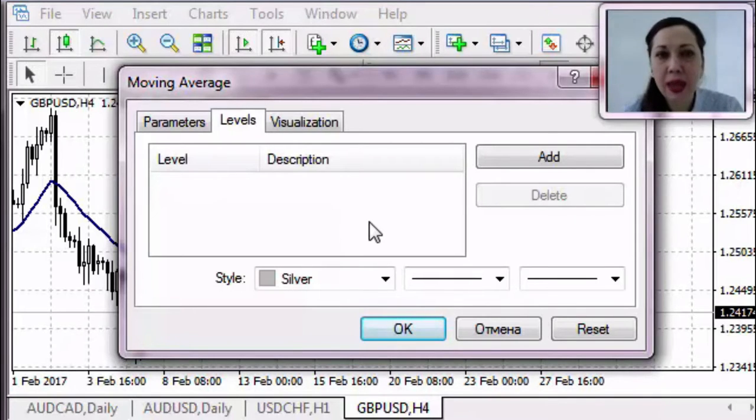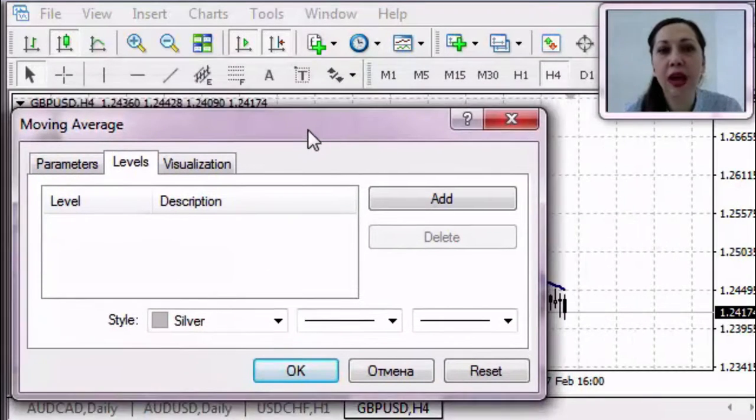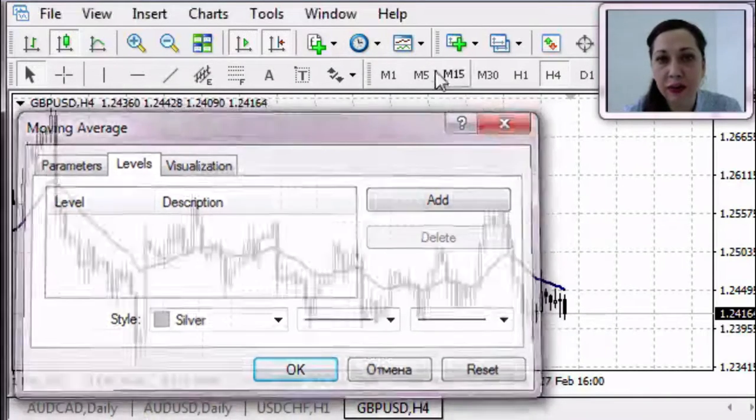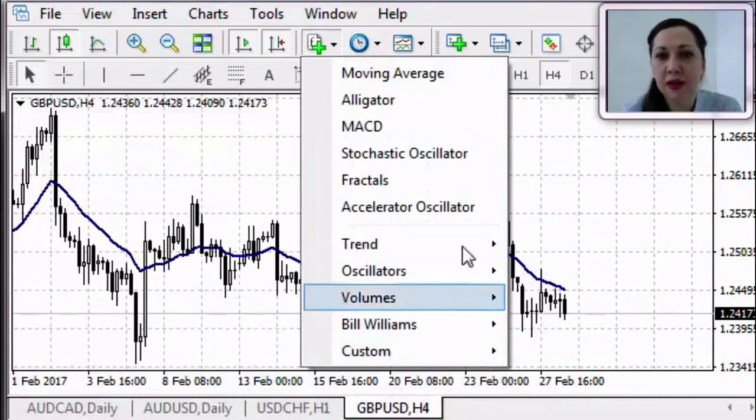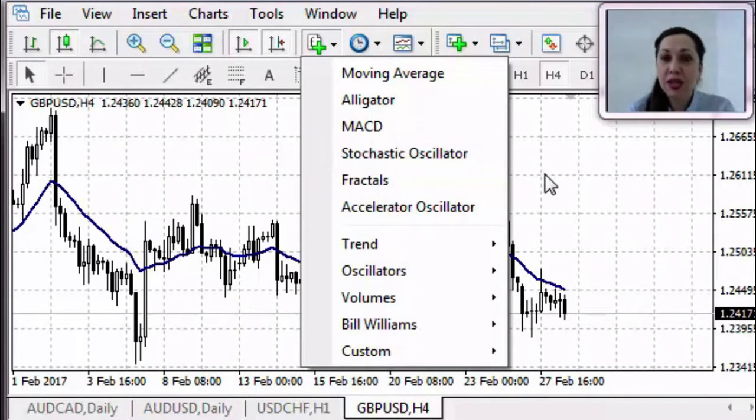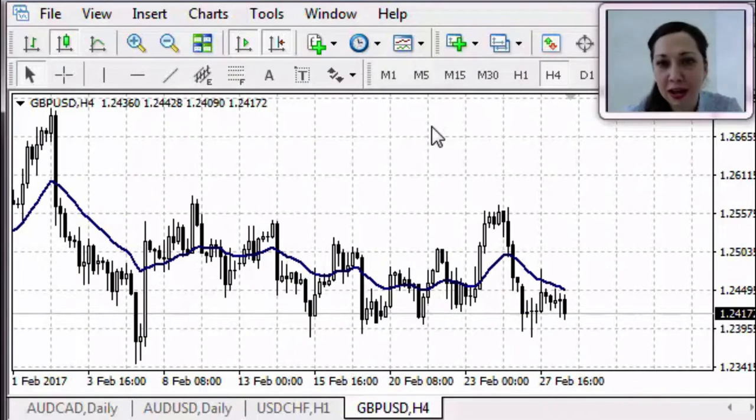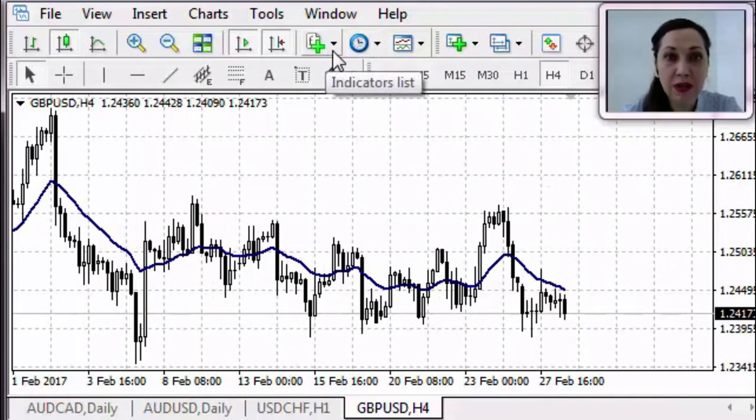And if you don't have some indicator from this big, extensive list with a lot of subdivisions, you can always download it to your computer, add it to your trading instruments, and make your trading more successful.